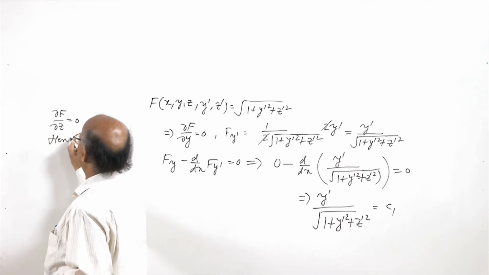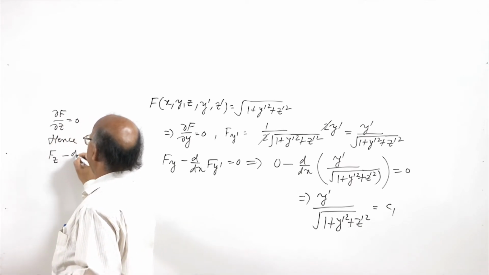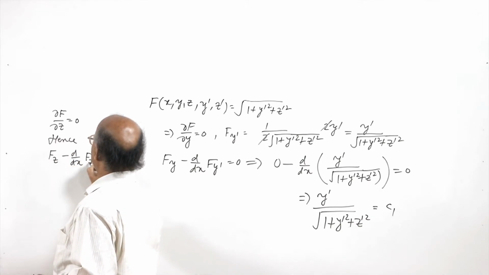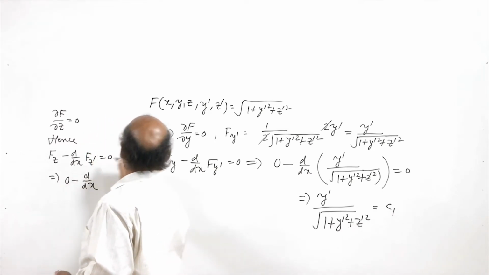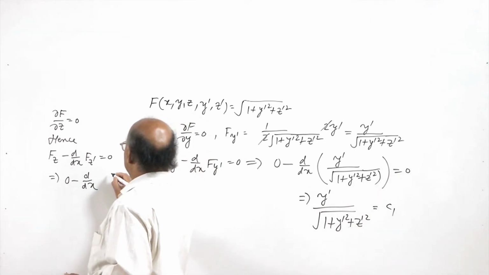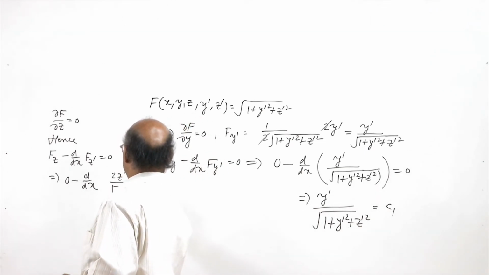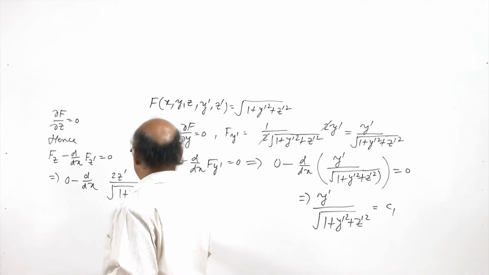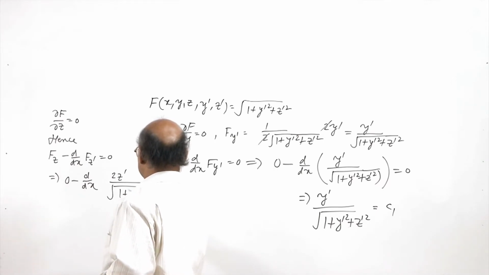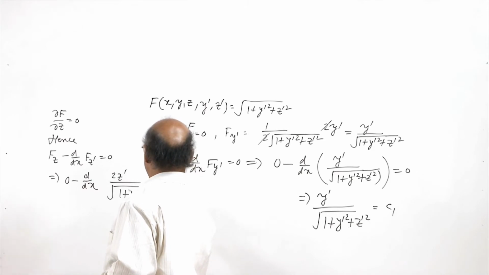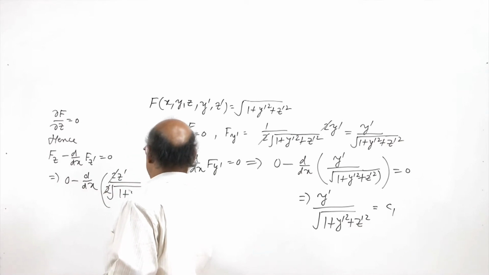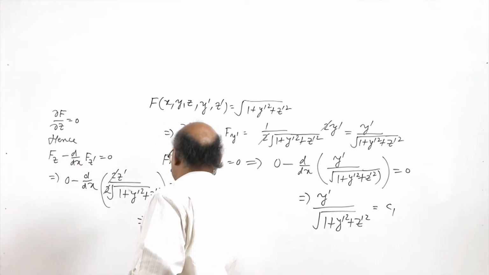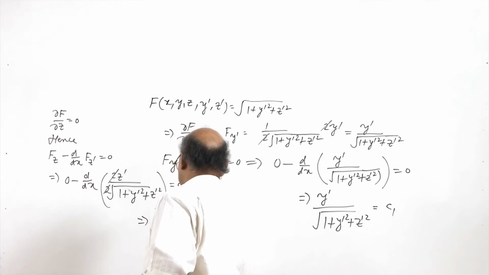Hence f z minus d over dx of f z dash equal to 0 gives us 0 minus d over dx of the derivative of f with respect to z dash, which is 2z dash divided by square root 1 plus y dash square plus z dash square, times 2. So this 2 cancels out and we get z dash divided by square root 1 plus y dash square plus z dash square is equal to 0.